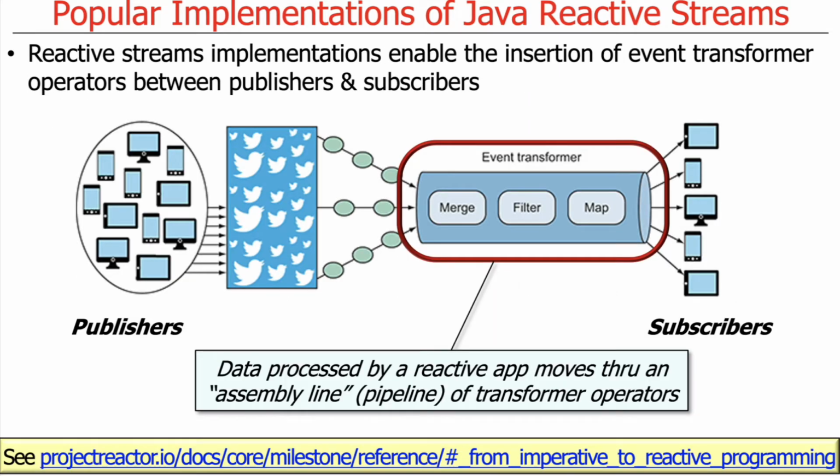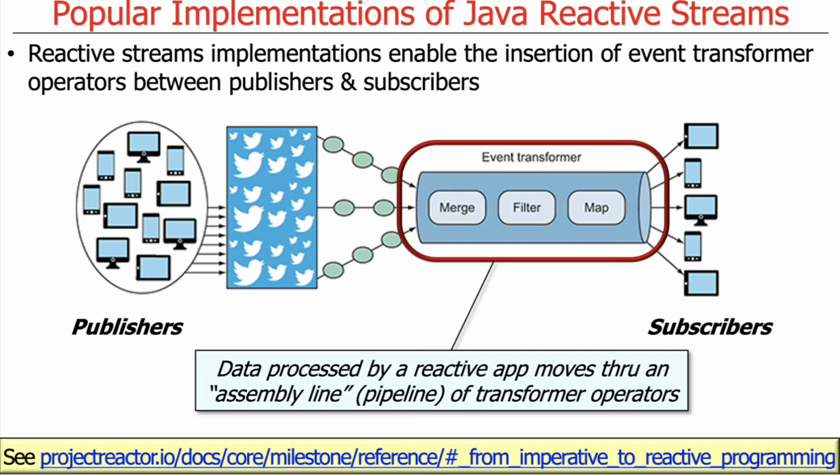Reactive Streams implementations like RxJava and Project Reactor enable the insertion of event transformer operators between source publishers and sink subscribers. So source publisher being the one that starts things off, sink subscriber being the one that finishes them off. And what you can do is you can have a bunch of operators inserted that are both processors, both publishers and subscribers.